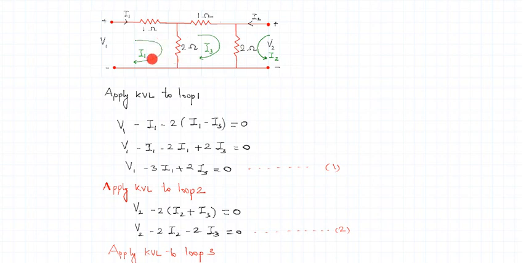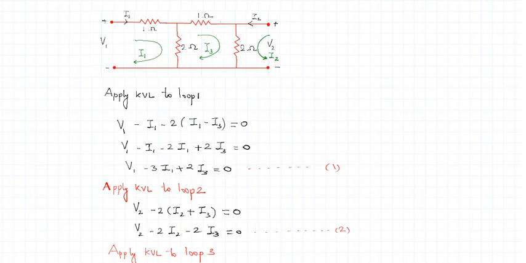I1 being the primary current, the net current is I1 minus I3. This is the loop equation we get by applying KVL to loop 1. Simplifying, we get an equation associating V1 with currents I1 and I3.